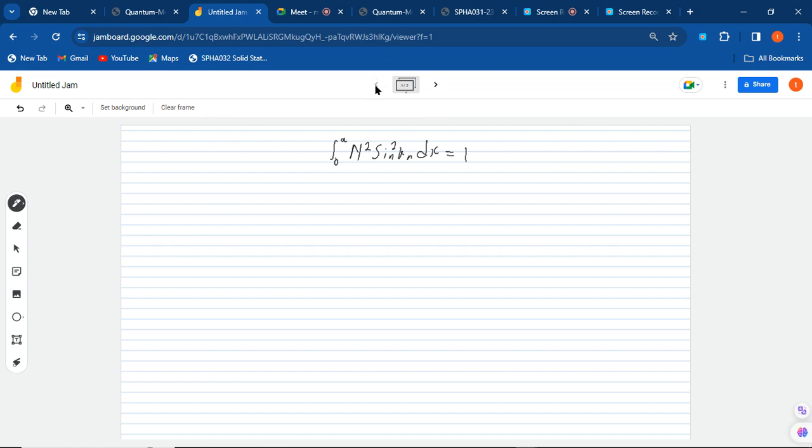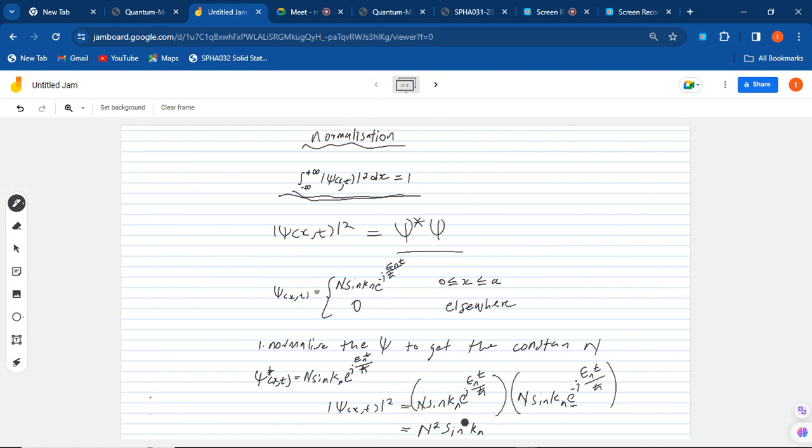So I substituted this inside the wave function itself. And now I want to get this normalization constant.